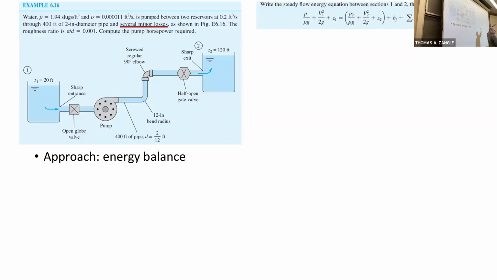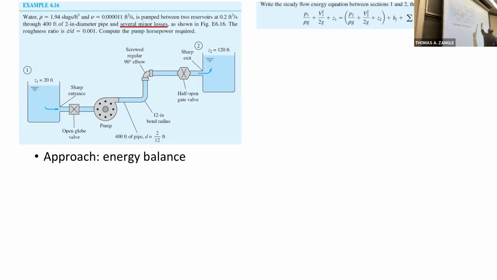The steady flow energy equation between point 1 and point 2. So we have P1 over rho g plus V1 squared over 2g plus Z1, the energy of the fluid expressed in head at point 1, all the way up there, is equal to the energy of the fluid at point 2, which is going to be the free surface of that container on the right-hand side.